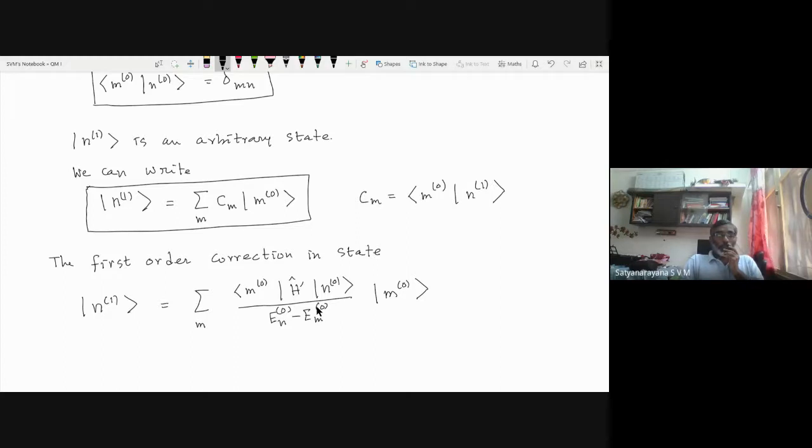And of course, I must put a condition on this, that M is not equal to N.